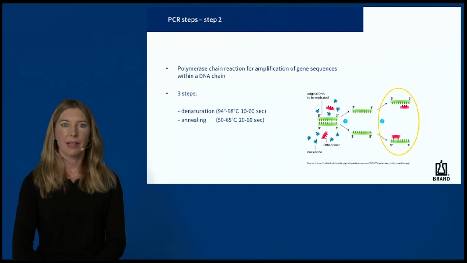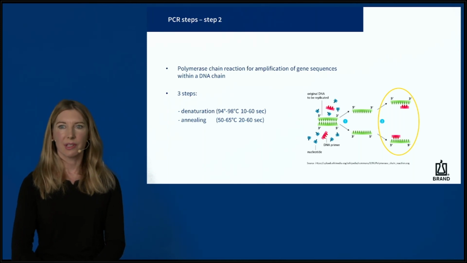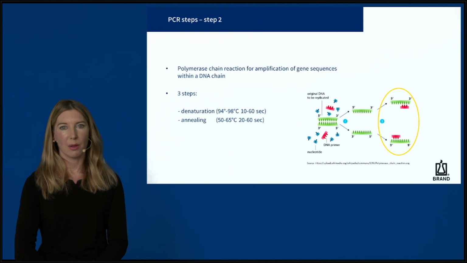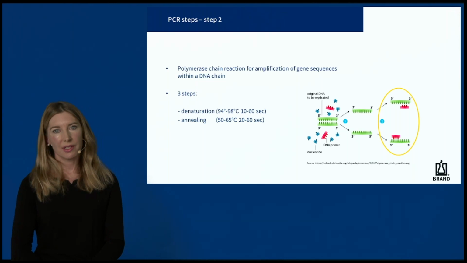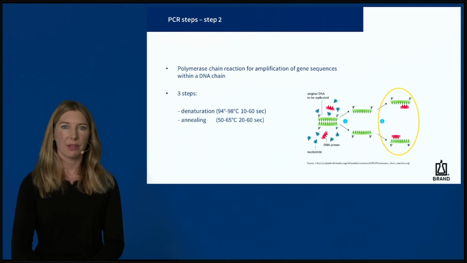Longer primers and a higher number of guanine and cytosine pairings with 3 hydrogen bonds require higher temperatures than shorter primers and a higher number of adenine and thymine pairings with only 2 hydrogen bonds. The temperature is very important, as it has a big impact on the efficiency and specificity of the PCR reaction.